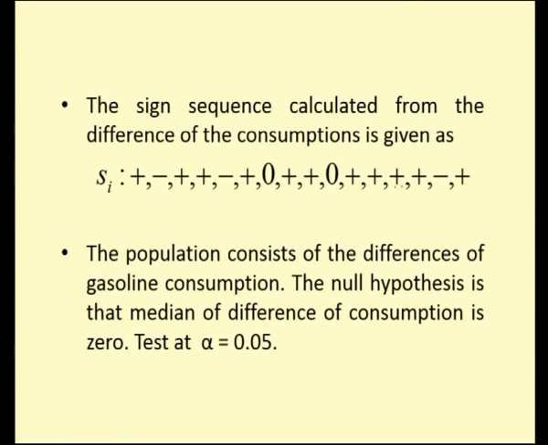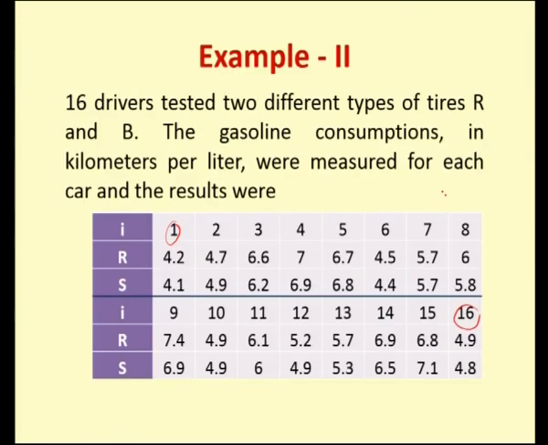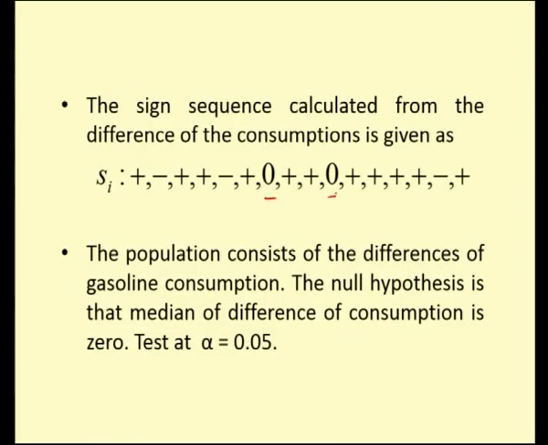So the sign difference is given, and at two states the values are the same, namely 5.7 and 5.7. If you subtract, you will get 0, and at one more juncture the difference is also equal to 0. Therefore at two states the values are the same, so it is 0.